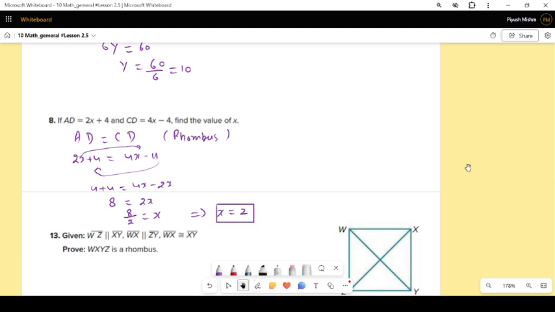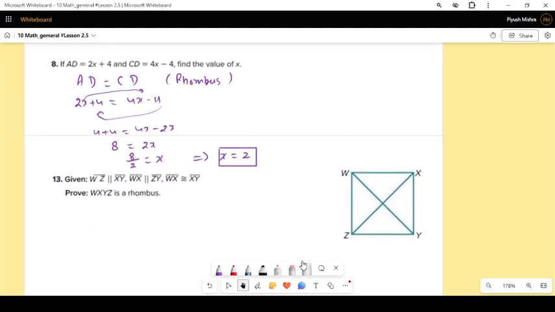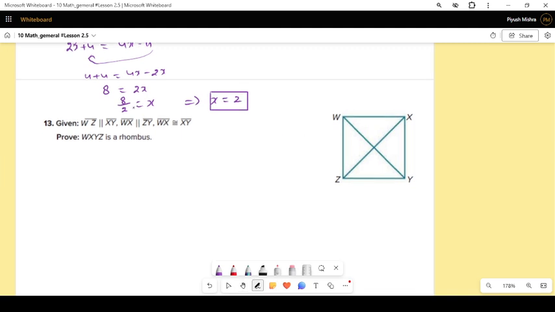Next question. It is telling that I have to prove, given that WZ is parallel to XY, as well as this side is parallel to this side, and it is giving one more thing, that this side is equal to this side, that this one is a rhombus.